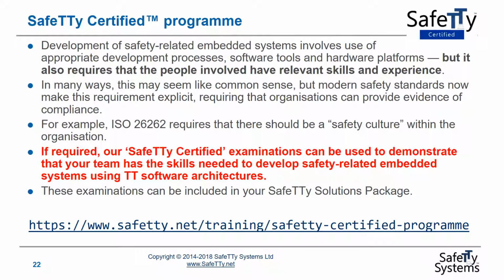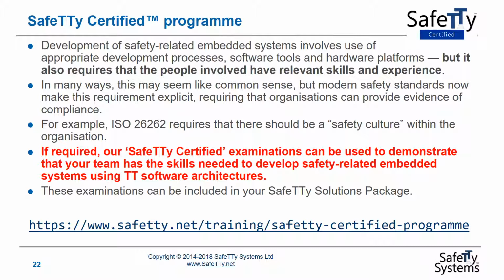One other factor you may wish to consider. Development of safety-related embedded systems involves use of appropriate development processes, software tools and hardware platforms. But the crucial part is that it also needs people that have the relevant skills and experience to develop these systems. In many ways this may seem like common sense, but many modern safety standards now make this requirement explicit, requiring that organizations can provide evidence of compliance.